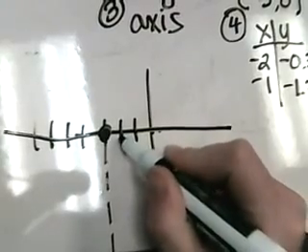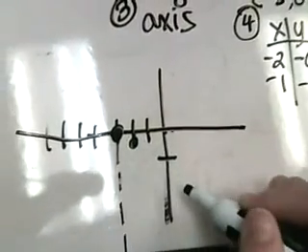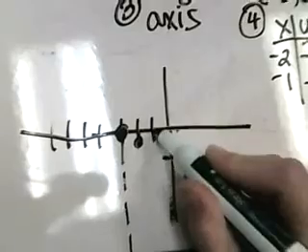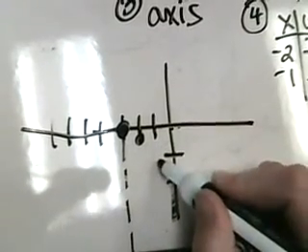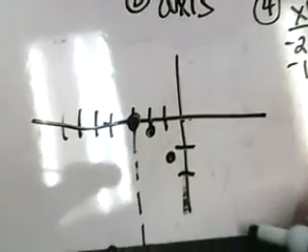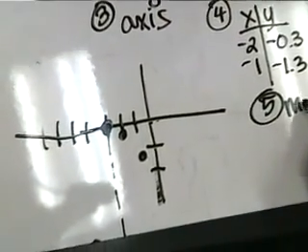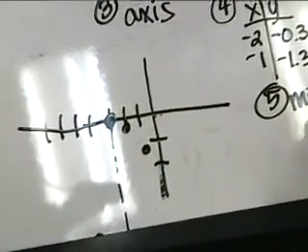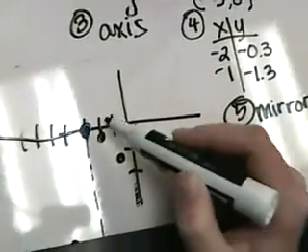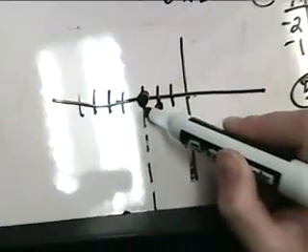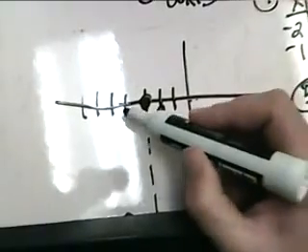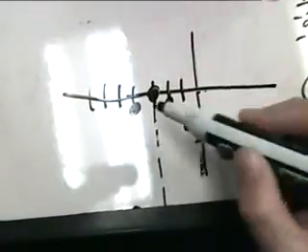So let's plot those points. -2, -0.3, and -1, -1.33. Okay. Step 5 is to mirror these. Remember, you're mirroring over the axis of symmetry. So this little guy was 1 spot to the right, so I'm going to go 1 spot to the left.